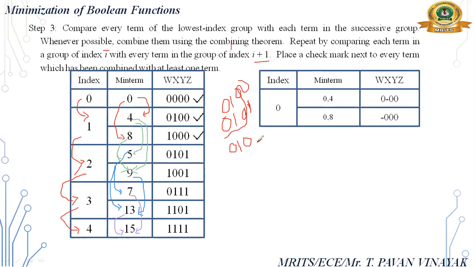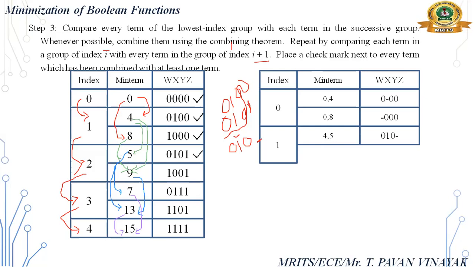What happened? 4 and 5 is also a possible combination. How many ones are available here? A single one, so we call it index 1. So index 1, 4 and 5: 0 1 0 dash. Now put a tick mark for 5.